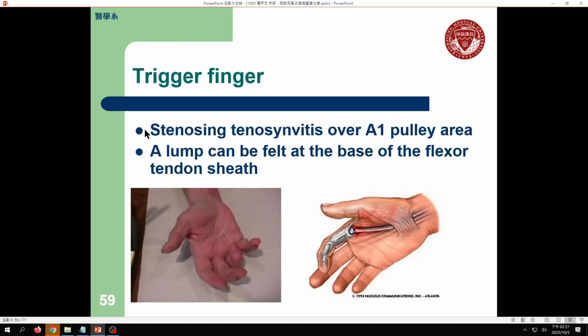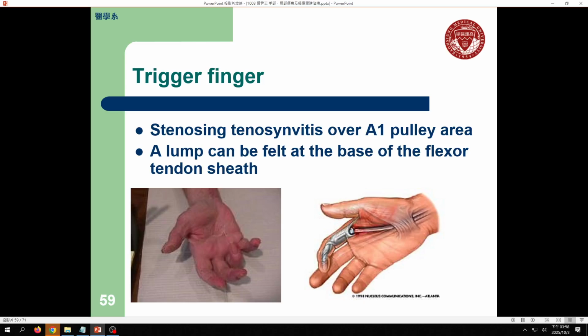Then trigger finger, the soft tissue. The finger is always overused, and then some wake up in the morning and their finger cannot extend. Locking in a flexion position. That means that your finger is swollen and there is some nodule formation. And the nodule cannot pass through the A1 pulley, okay? And then it is incarcerated inside, and you have to force it to raise.